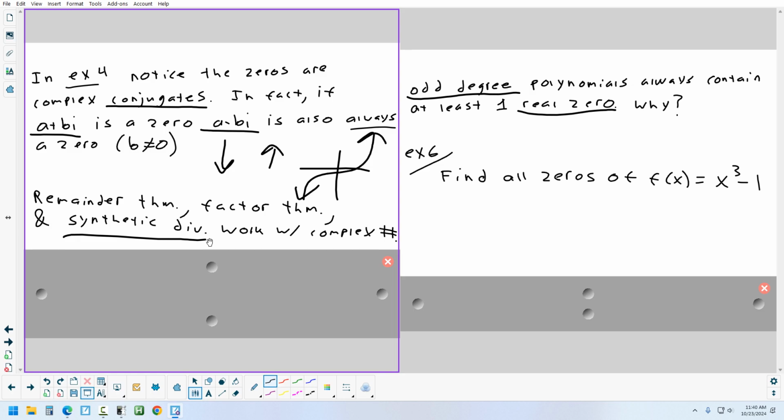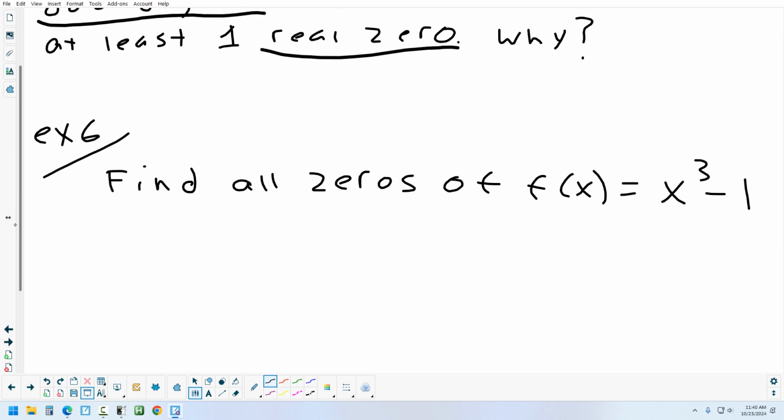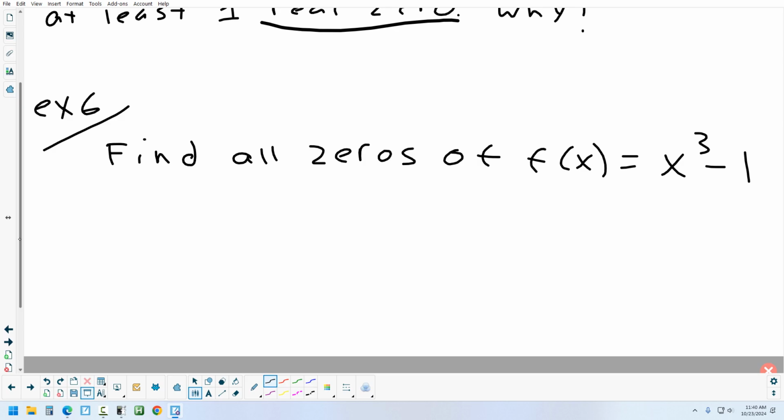Rational root theorem. All right? So I could add that to the list. Rational root theorem also works. We're going to have to use the rational root theorem as a starting point to find the number that we should divide by synthetically. Once you find that number and divide by it, it's going to take this exponent and drop it down 1. Once that exponent drops down to a 2, then we're fine. We can use the quadratic formula.